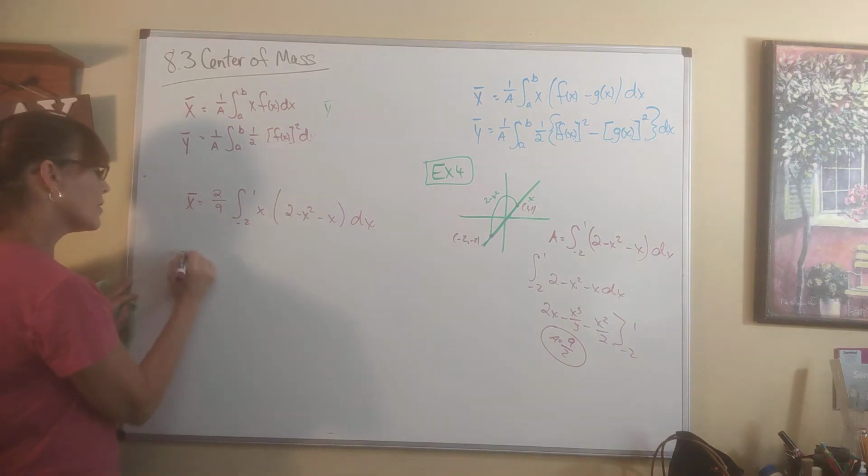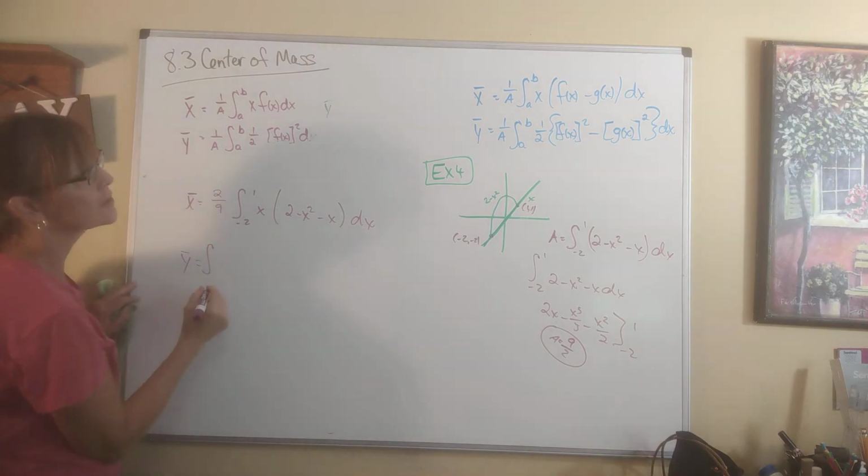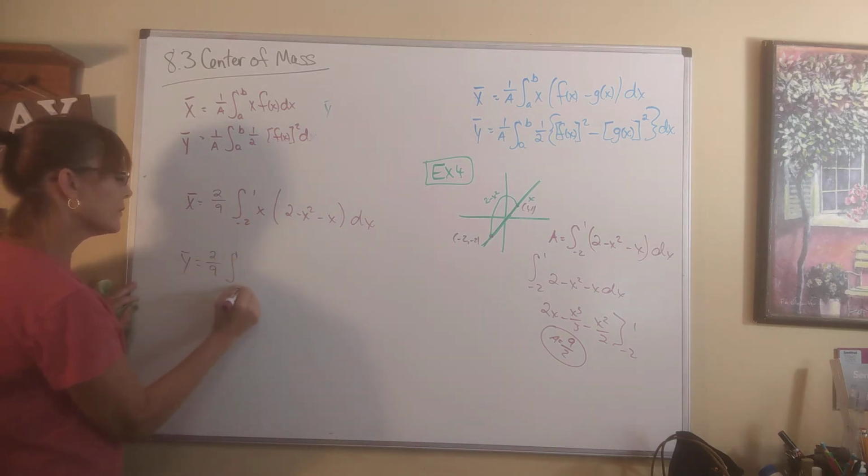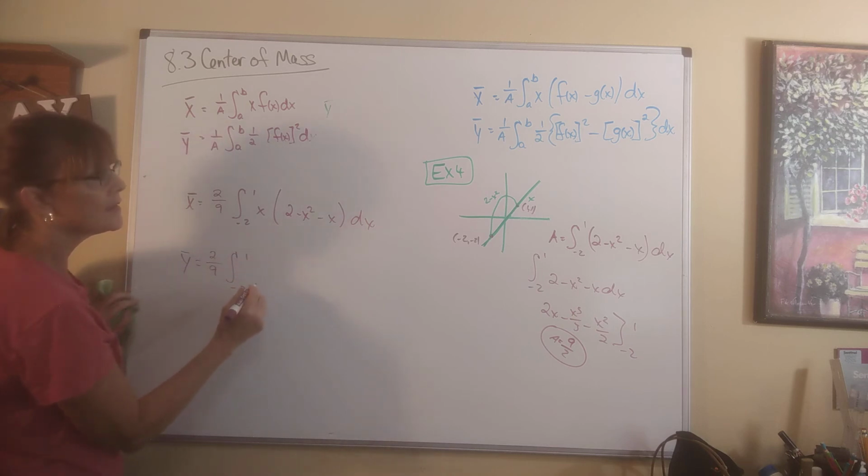And then y bar is equal to 1 over A, again, which is 2 over 9. We're going to integrate from -2 to 1 and times a 1/2, right?